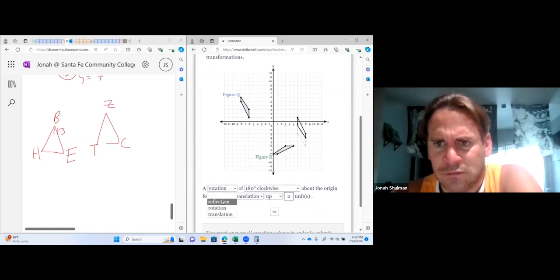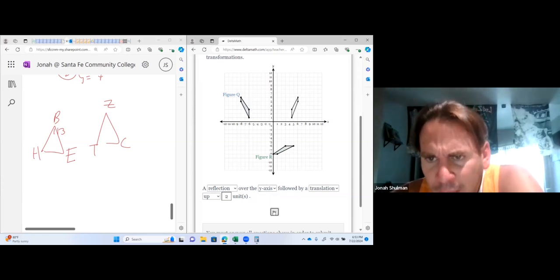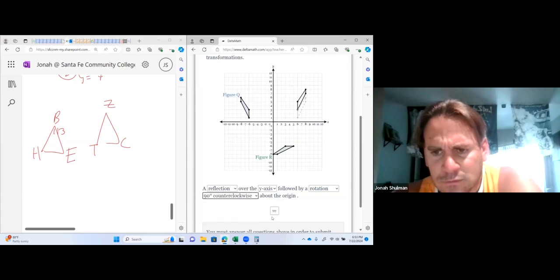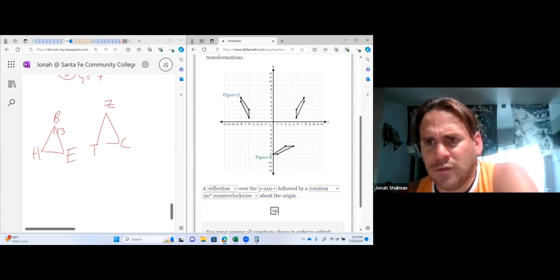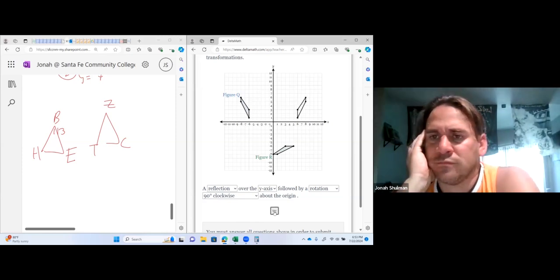So it's a reflection over the x-axis. So let's see what happens. Nope, let's do it over the y. And then let's rotate it. I think this is it. Oh, I just went the wrong way. Oh man.